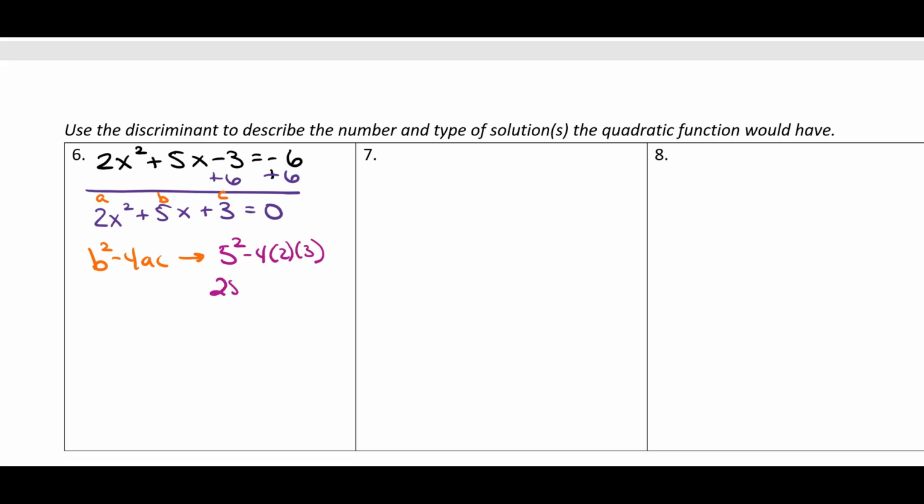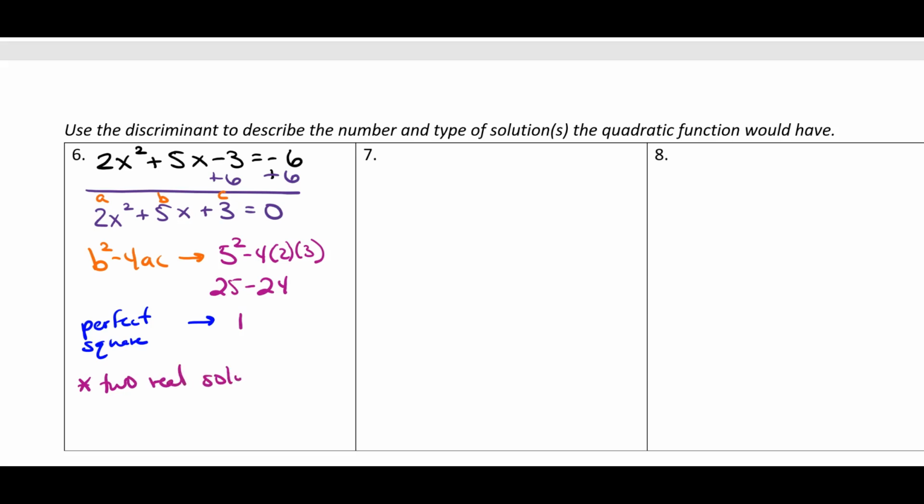So 5 squared is 25. 4 times 2 is 8, times 3 is 24, so I have minus 24. 25 minus 24 is 1. 1 is a perfect square. Okay, so first of all, it's positive, which means I'm going to have 2 real solutions.